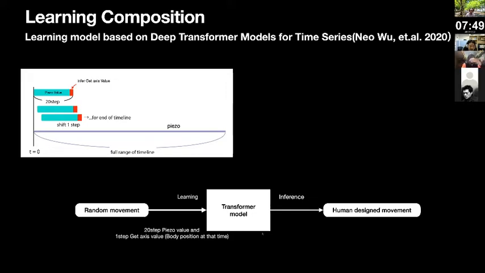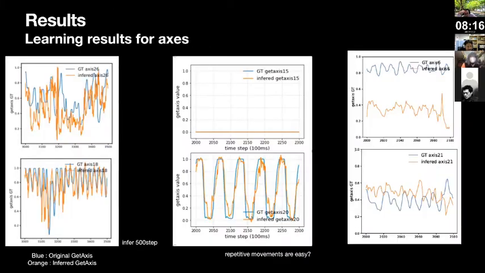The transformer tries to infer the pose, then shifts one step, to the end of the timeline. Then we run the learned movement model and infer the human-designed movement. The transformer doesn't know the human-designed movement values.